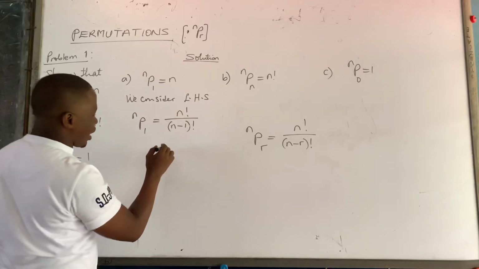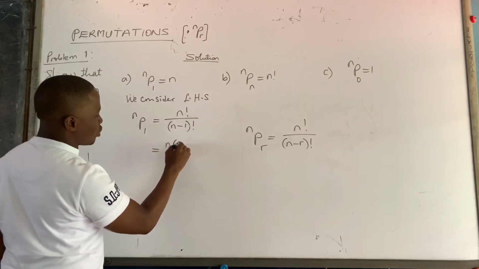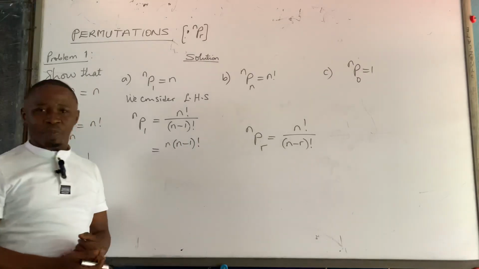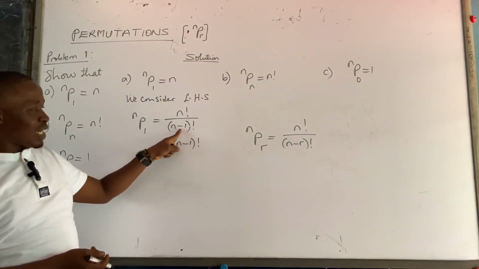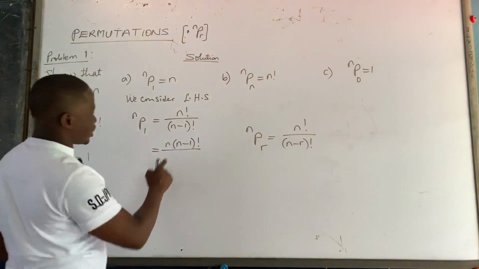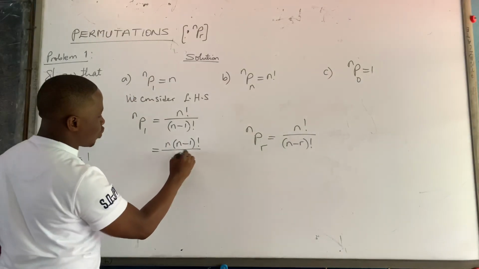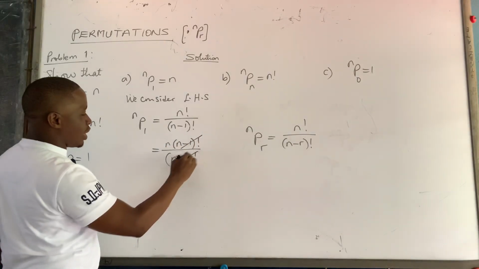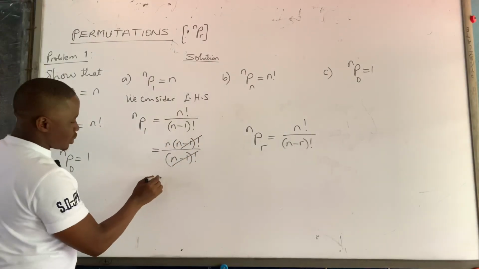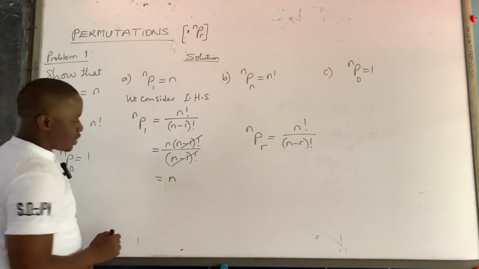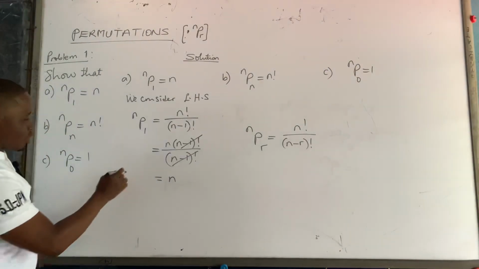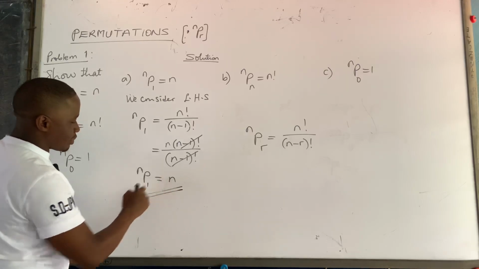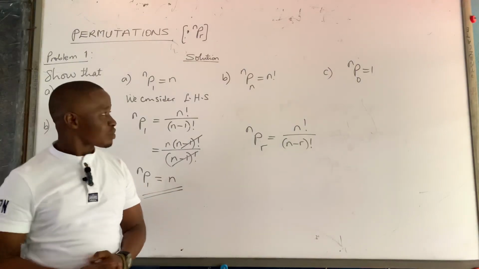So n factorial can also be written as n multiplied by n minus 1 factorial. We can even choose to stop here. Why? Because we've seen this one already. Then we divide by n minus 1 factorial. So n minus 1 factorial takes away n minus 1 factorial. So what remains is n. This tells you that n permutation 1 will give us n. So we prove this one.